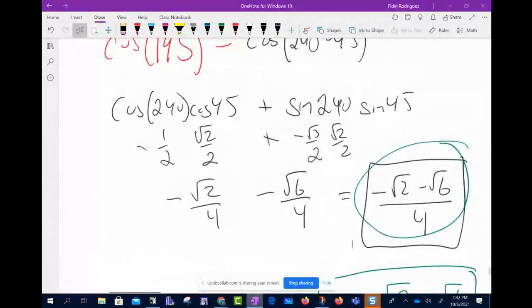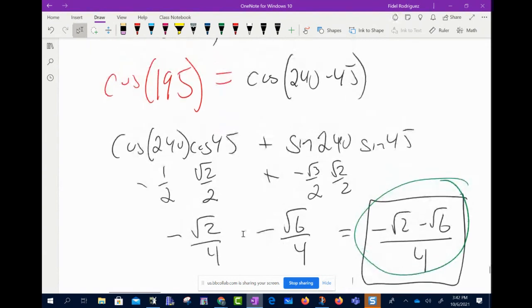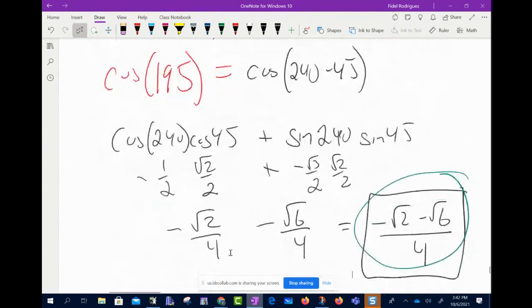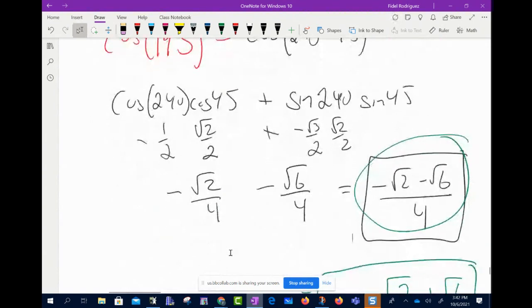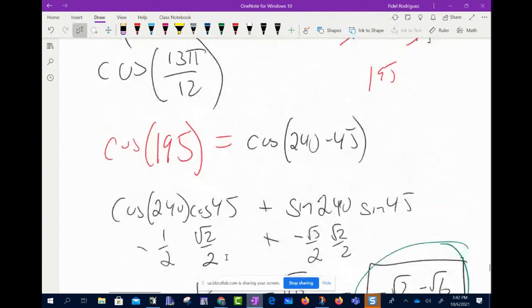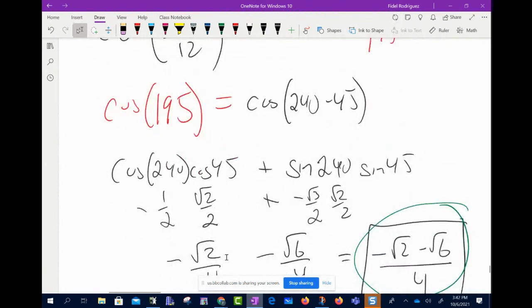Huh? On the thing? And it's the same? Negative 13 pi over 12? Why is it not coming out right? It's the same one.